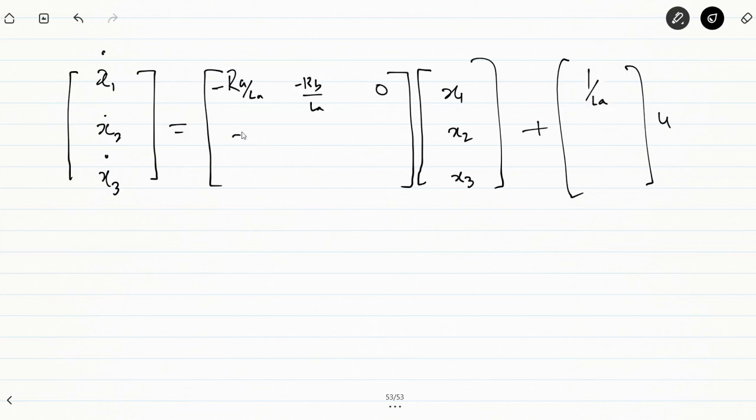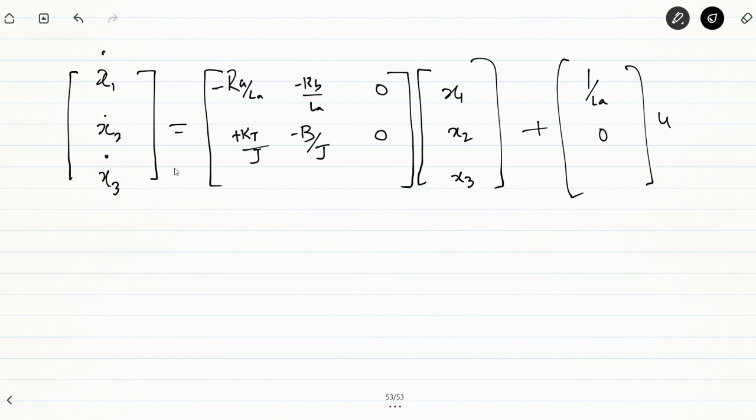X2 dot is Kt by J times x1 minus b by J times x2, plus 0 times x3, and 0 times u.